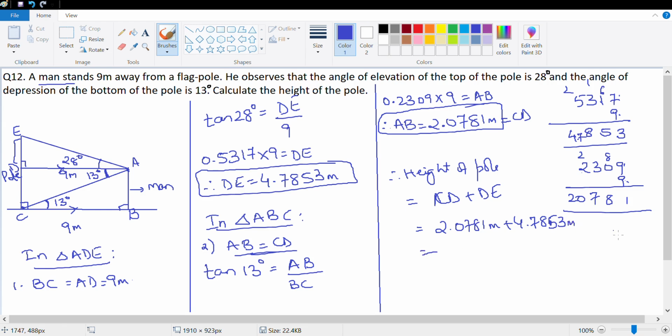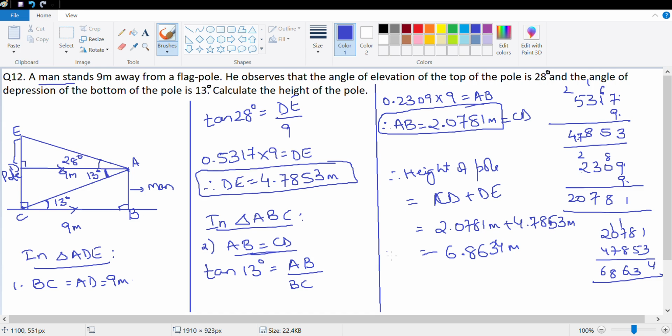Let's add. 20781, 47853. That's 4, 8 plus 5, 13, 8 plus 8, 16. This is 8, this is 6. So this is 6.8634 meter. So height of pole is 6.8634 meter.